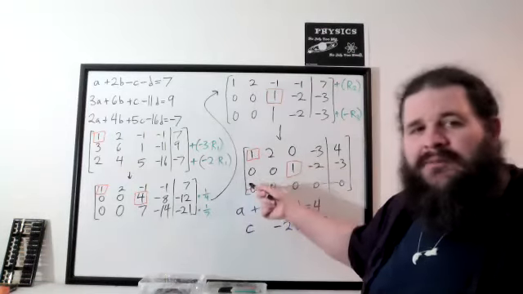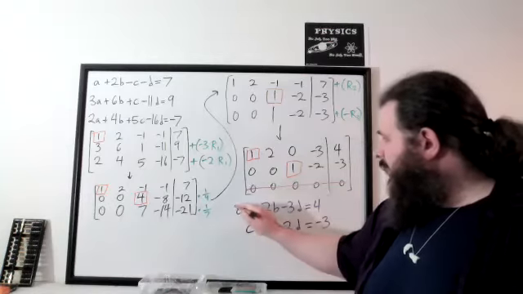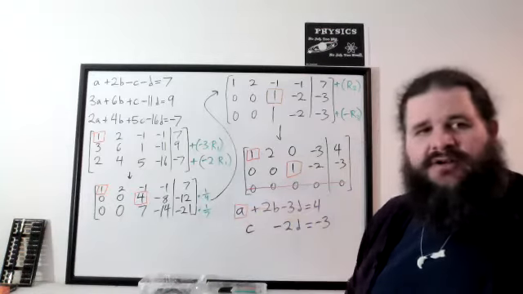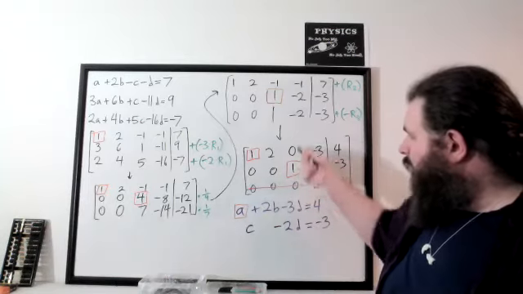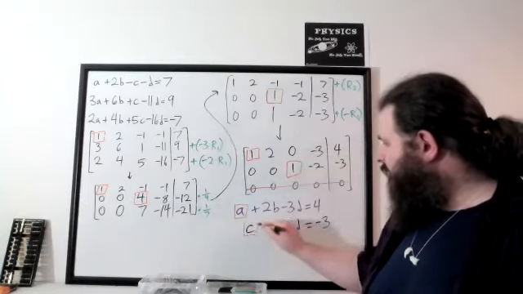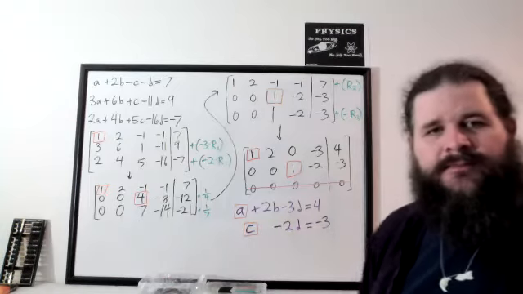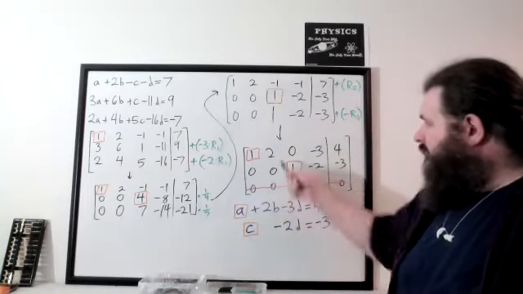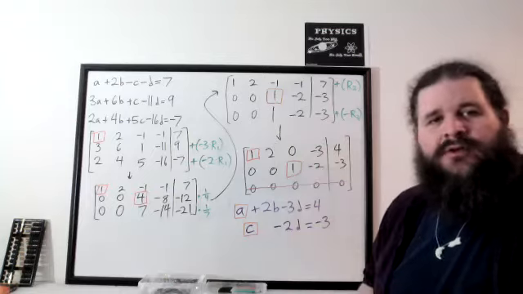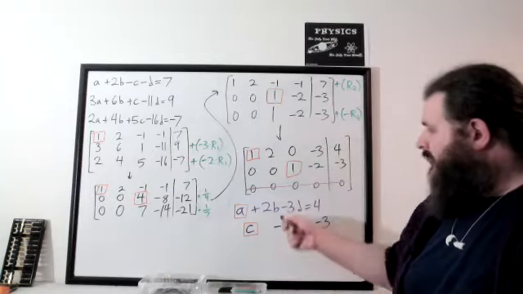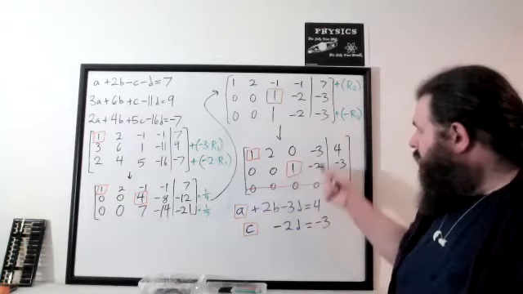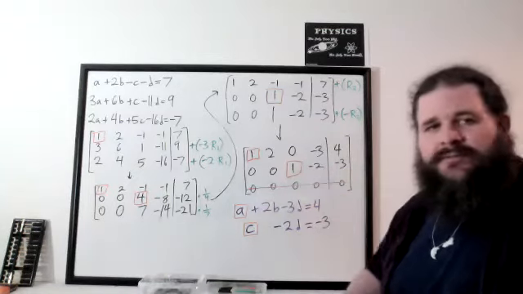And because of the requirements for row reduced echelon form, A shows up only in one equation. Likewise, C column has a pivot. So that's only showing up in one row. And therefore the variable C only shows up in one equation. Whereas the other variables, B and D, they don't have pivots, so there is no such restriction. B and D can appear in several equations. It so happens that B only shows up in one, but D shows up in 2 equations.